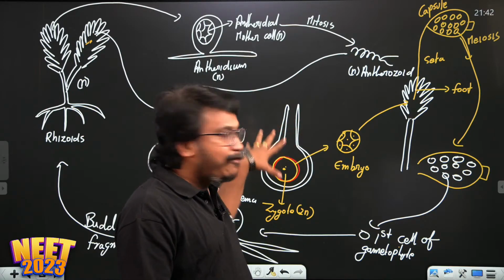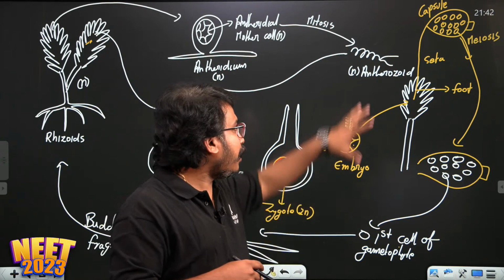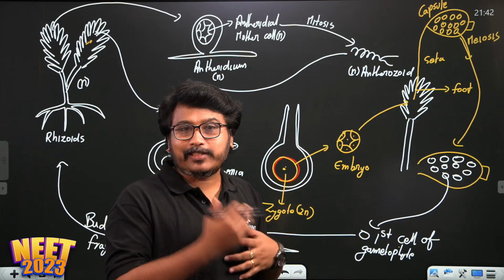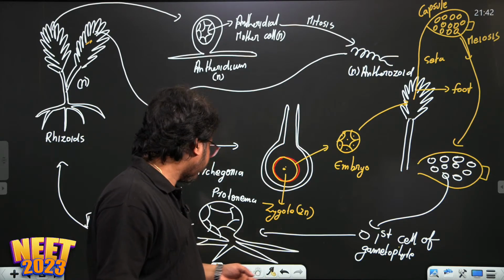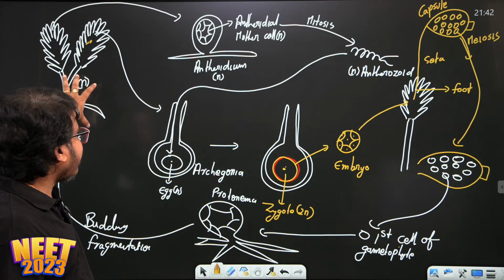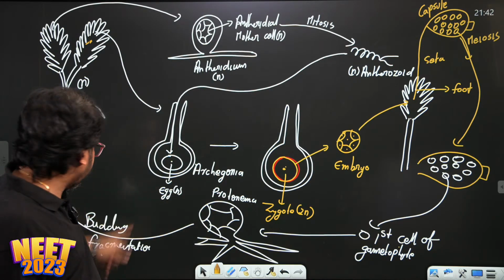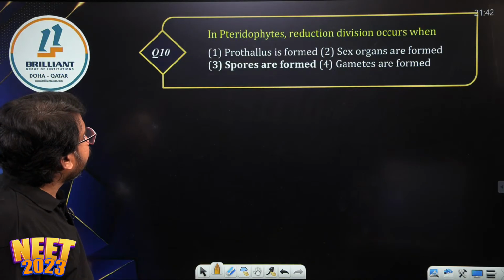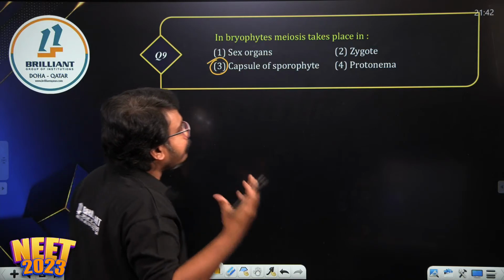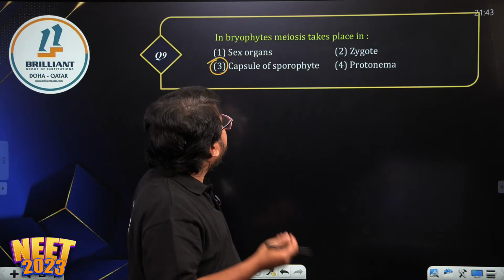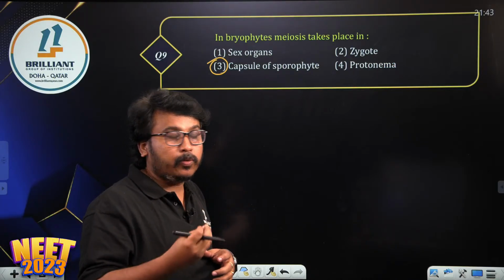Understand, they have half of the stage in haploid or gametophytic condition and half of the stage in diploid. So the life cycle of bryophytes is haplodiplontic. The main plant body is haploid, please do remember, and it is the gametophyte. So here the answer is capsule. Inside the capsule only the meiosis will be taking place, especially in the spore mother cell.